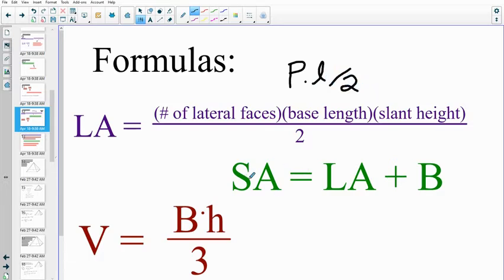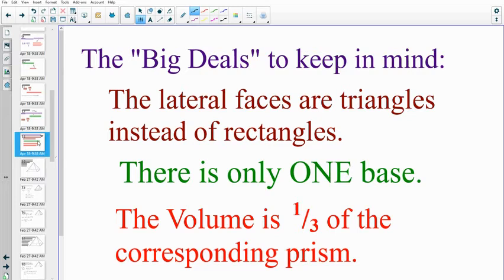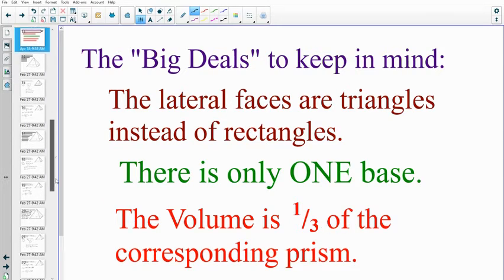For the total surface area, lateral area plus the base, and the volume of a pyramid is the area of the base times the height divided by 3. So keep in mind, the lateral faces are triangles. That might help you remember that formula. There's only 1 base on a pyramid as opposed to 2 on the prisms, and the volume is 1/3 of the corresponding prism, the prism with the same height and base.